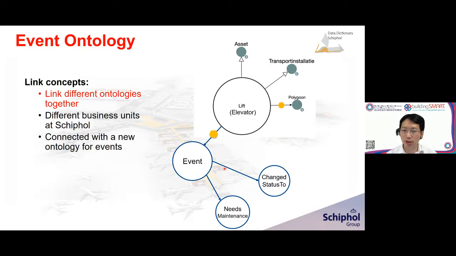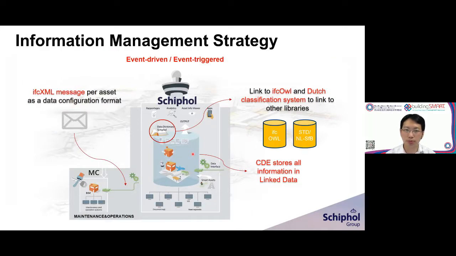The event is, for example, maintenance. Maybe this one is in operation, or this one is being cleaned, or this one is closed, or maybe some other things. So they also have the event, and this event will become the trigger for this information. Once I have an event, then they will link to the corresponding location or the components.